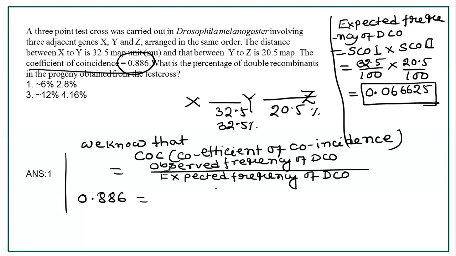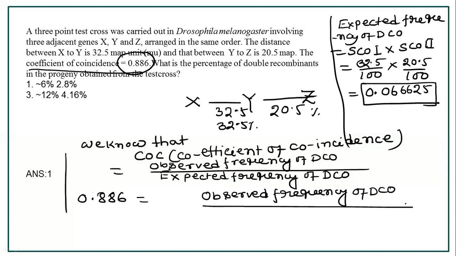So observed frequency of DCO by expected frequency, which you have got as 0.06625.